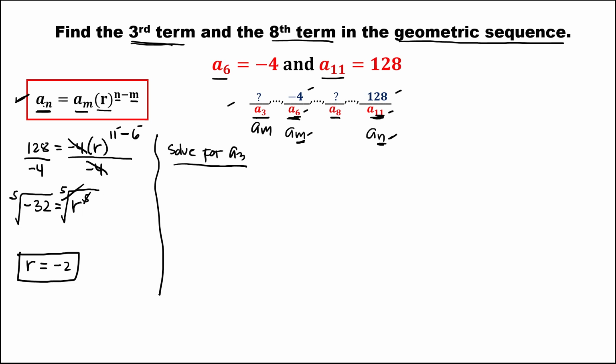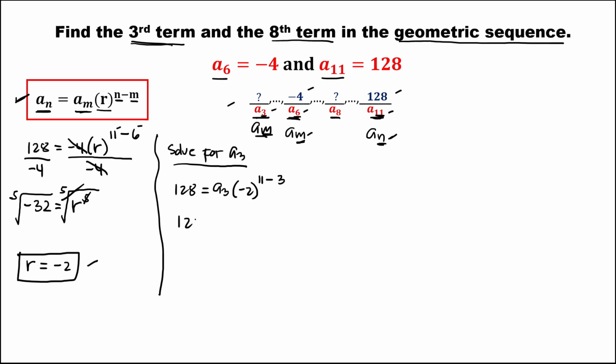So applying this formula, a sub n is 128, equals a sub 3 times the computed common ratio, negative 2, to the power n, where n is equal to 11, minus m. Since a sub m is a sub 3, m is equal to 3.